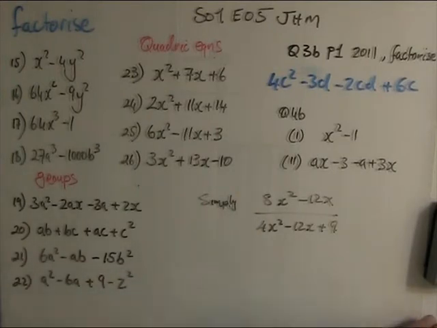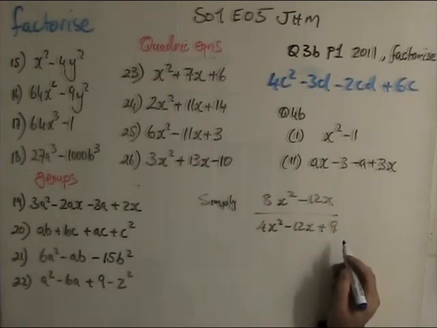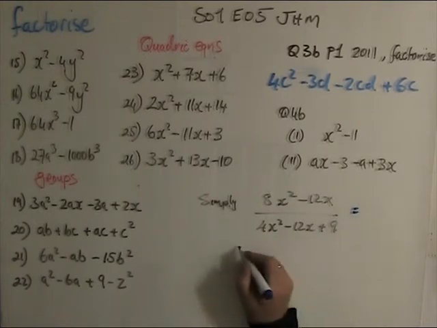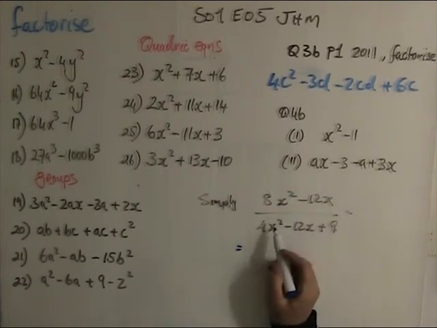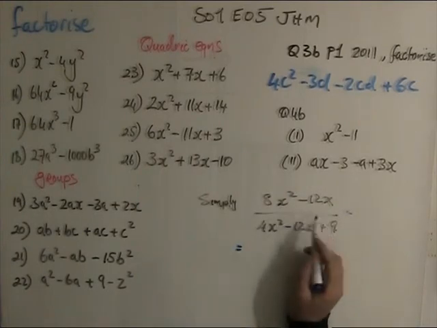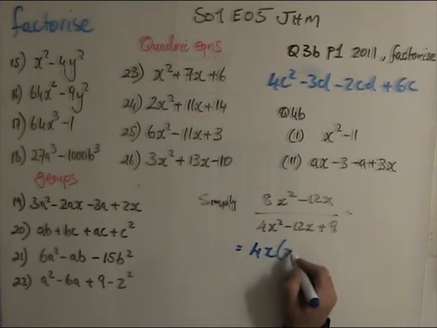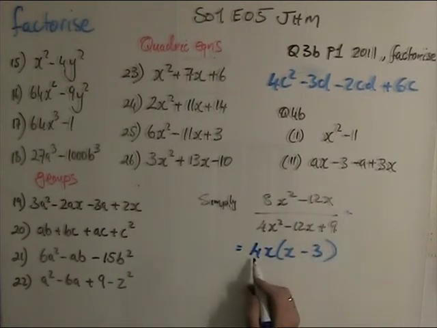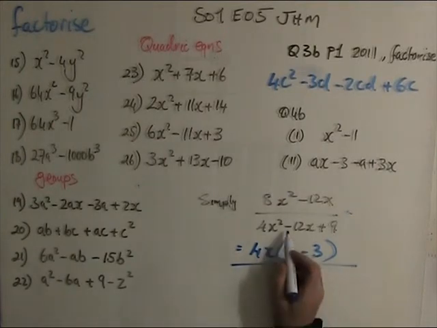Now, what's the factors of 8x squared minus 12x? When we take out the common factor, it's x, and 4 is a common factor, so it's 4x by x minus 3. 4x by minus 3 is minus 12x. 4x by x, 4x squared.